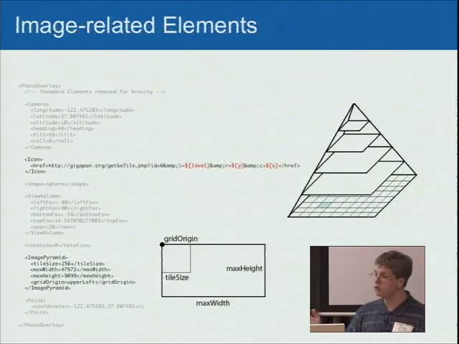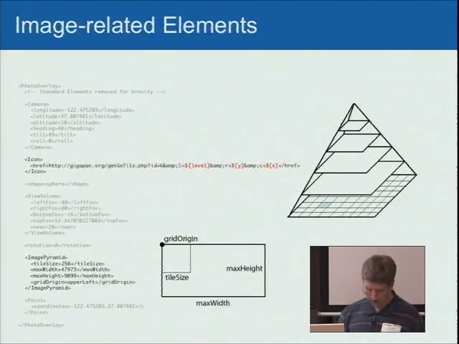So you tell it the maximum width and the maximum height of your panorama, and you tell it the tile size, which must be square and a power of 2, per the documentation, and the grid origin, which is where 0, 0 is on my panorama. And typically, as far as GigaPan is concerned, 256 is standard and always using upper left.